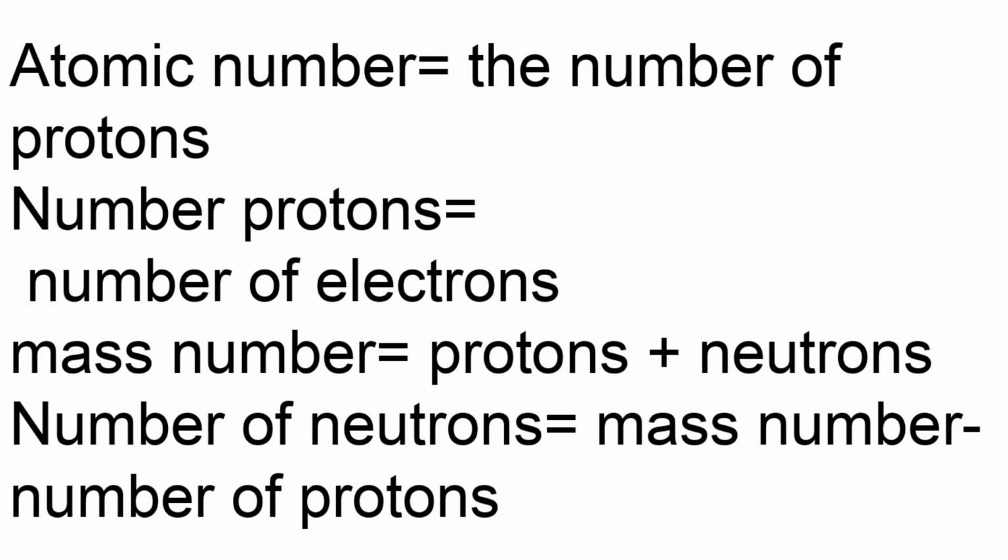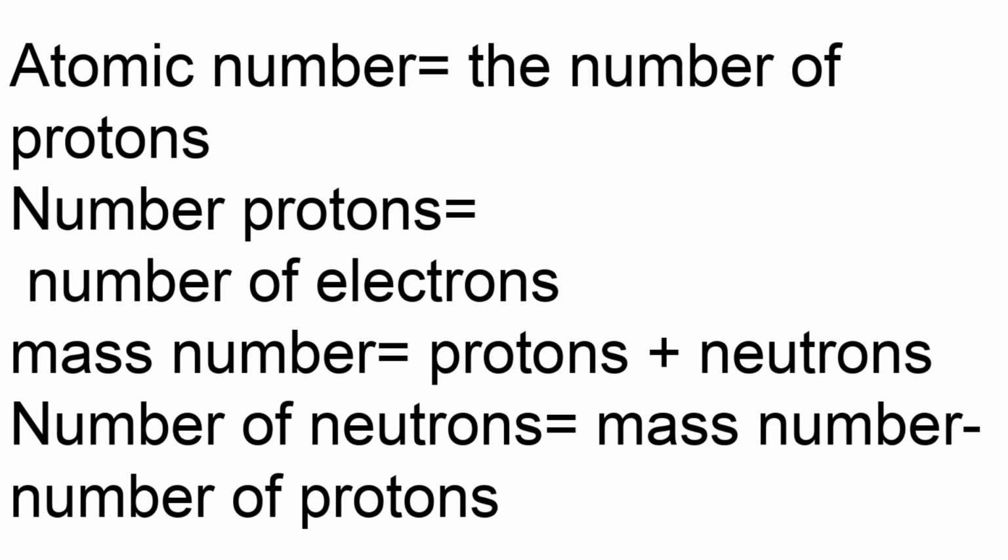Its mass number is equal to 20 plus 19, which is 39. When writing the chemical symbols of an element, the mass number is written as a superscript on the left, while the atomic number is written as a subscript on the left.